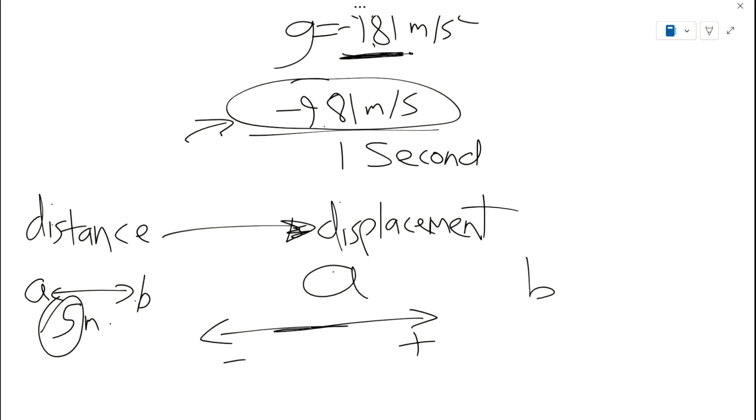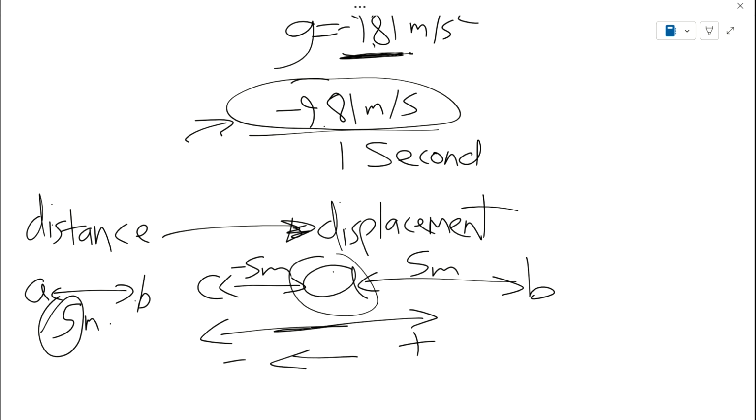And if B is here, that means that this displacement, B has a displacement of 5 meters from A. But C over here, C has a displacement of negative 5 meters because it is in this direction. The frame of reference is A. Whereas in distance, B and C are both just 5 meters away.